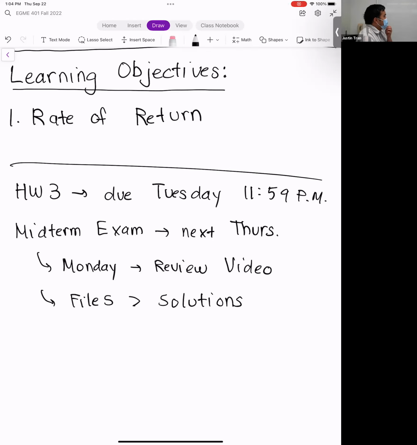Remember, the exam is going to take place in lecture, so the time limit is 75 minutes. You can bring a pencil, a calculator, and a single sheet of notes, one 8.5 by 11 sheet. You can write anything you want on it, front and back. You can type it or write it. The only requirement is that you be able to read it.